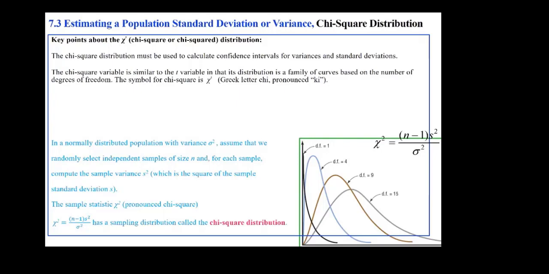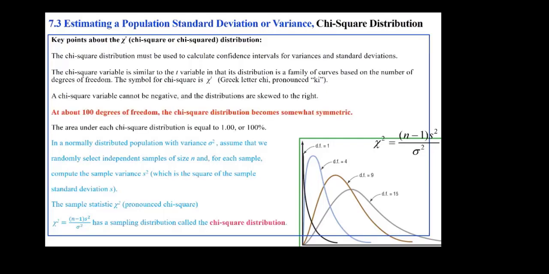The sample statistic chi-squared, equal to n minus 1 times s squared over sigma squared, has a sampling distribution called the chi-square distribution. A chi-square variable cannot be negative, and the distributions are skewed to the right. At about 100 degrees of freedom, the chi-square distribution becomes somewhat symmetric. The area under each chi-square distribution is equal to 1 or 100%.